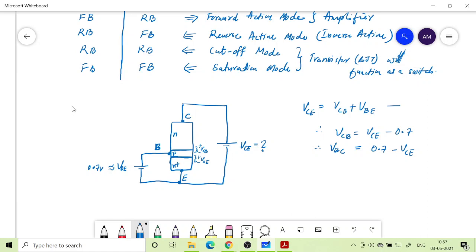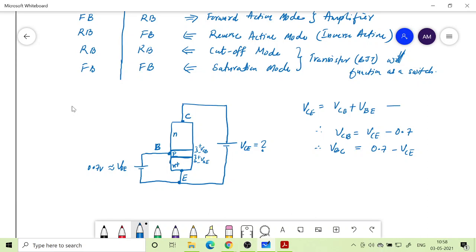Reverse bias strictly doesn't mean that it should be a negative voltage, but a voltage lesser than the cut-in voltage by some 0.2 volt, then it operates more like a reverse bias compared to the forward bias. That means there is no heavy current flowing.